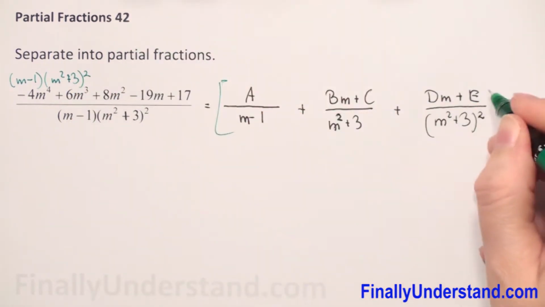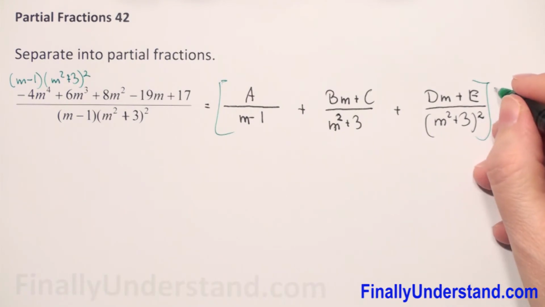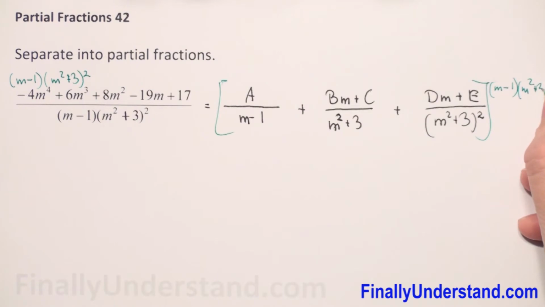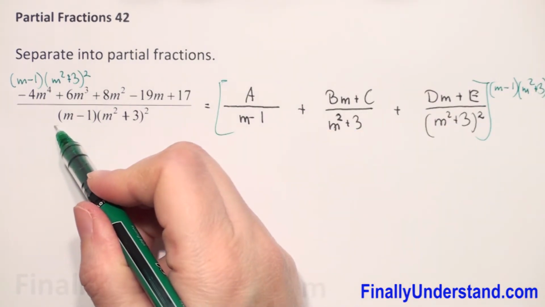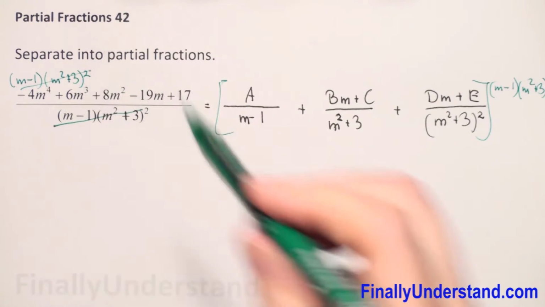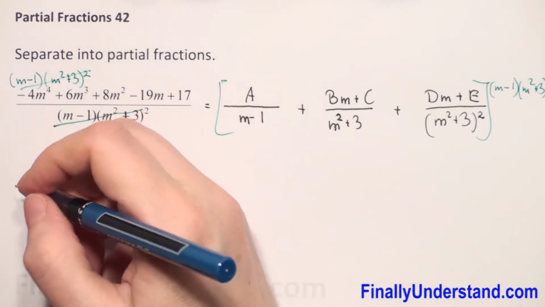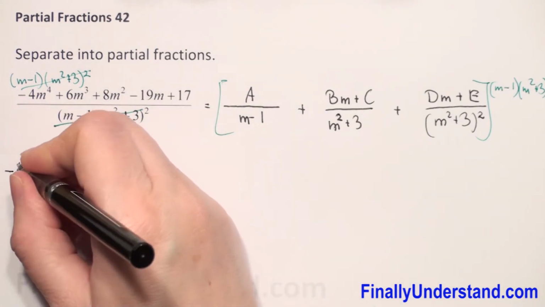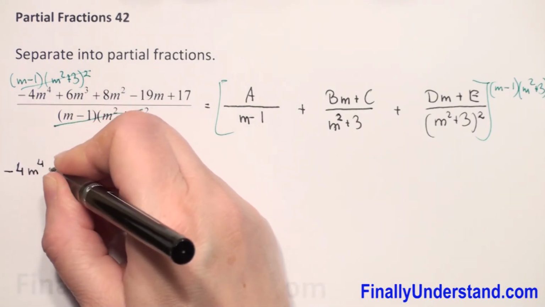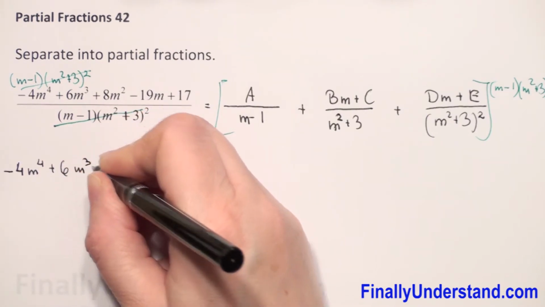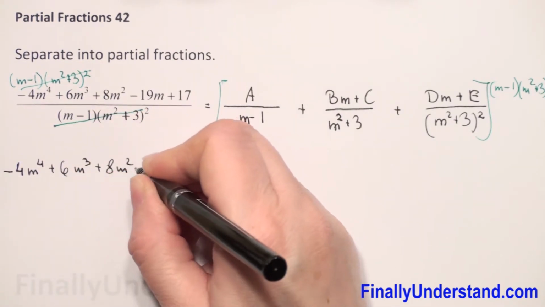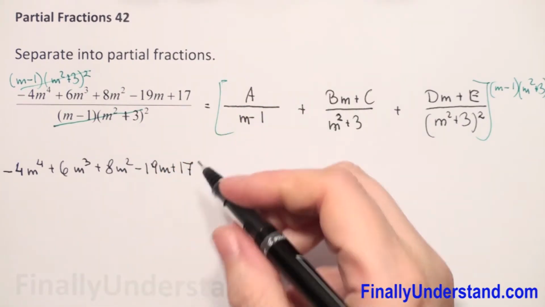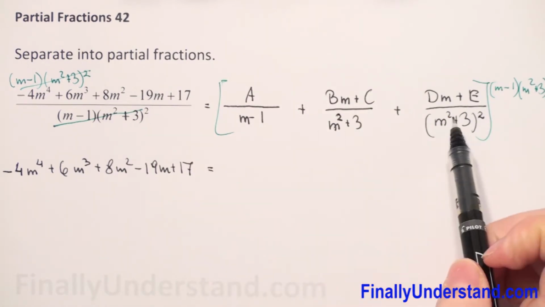The denominator reduces, so on the left side we will have only negative 4n to the fourth power plus 6n cubed plus 8n squared minus 19n plus 17. And on the right side we have to multiply every fraction by this whole expression.